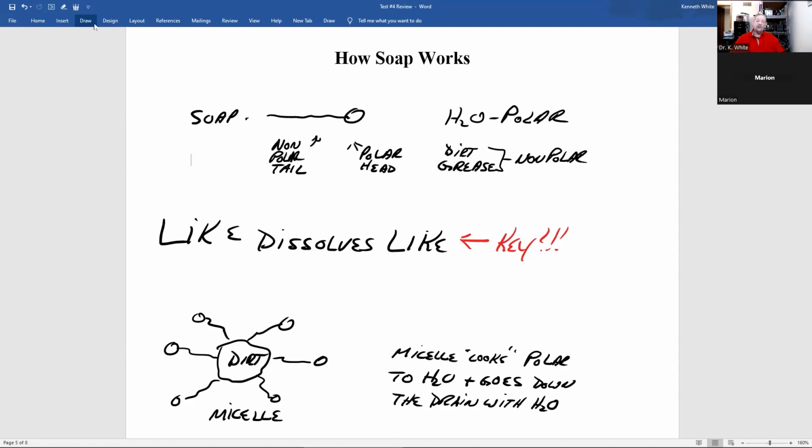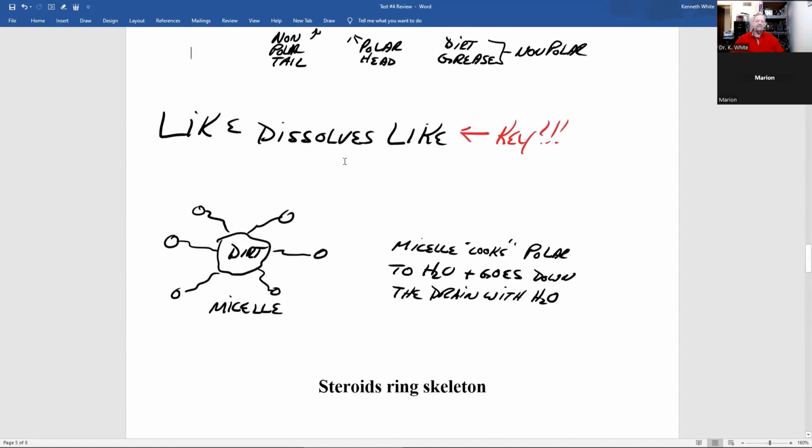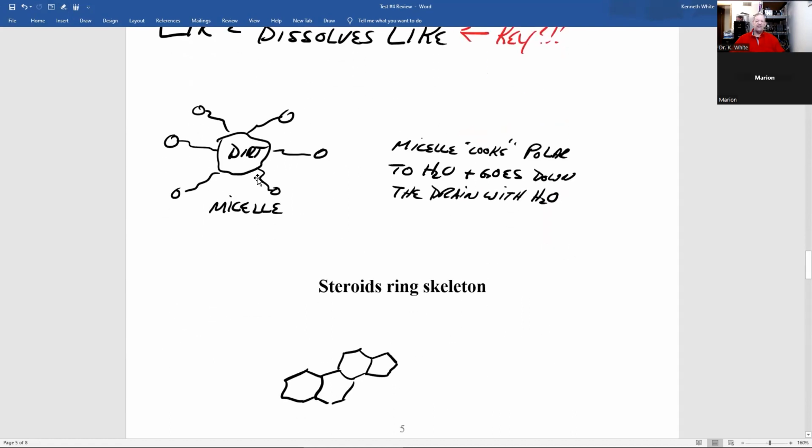However, if you also use soap, which has a nonpolar tail, polar head, dirt attracts the nonpolar tail of soap and forms this micelle, and you should know that.